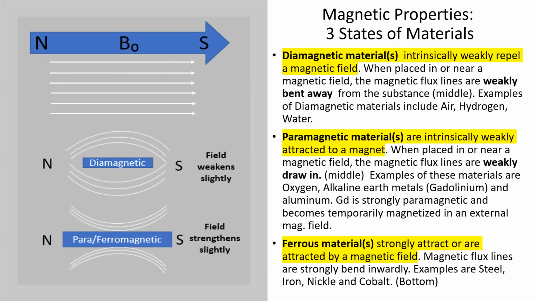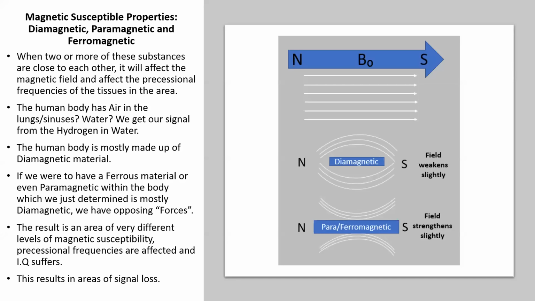And when you've got differences in susceptibility, so diamagnetic has its own susceptibility, para and ferromagnetic have their own susceptibility, you've got susceptibility differences, and that's when you get those little black holes like we saw in that lady's brain. The human body has air in the lungs and sinuses. We're mostly water.